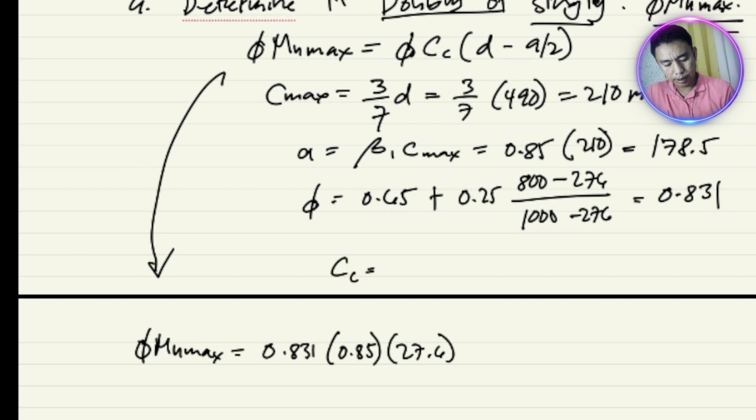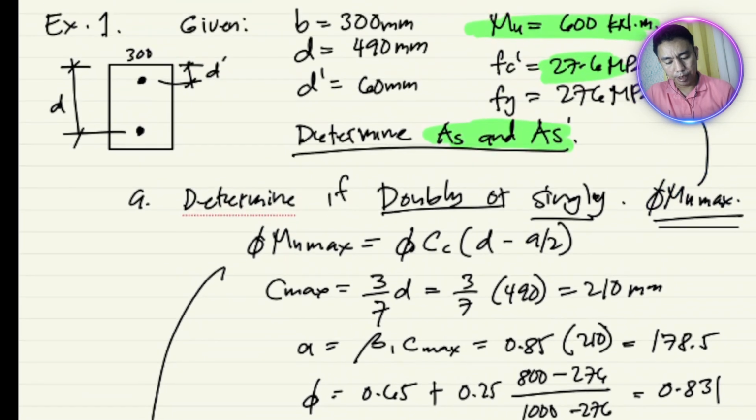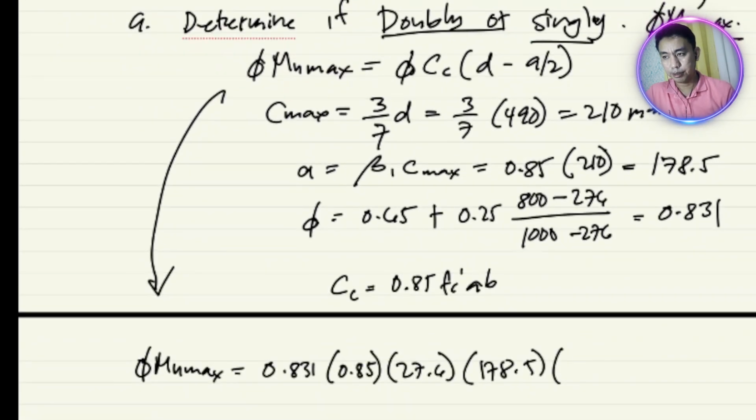Diba, Cc is 0.85 fc prime ab, right? So this is 27.6 fc prime. Ang a natin is 178.5. b, we have our b of 300.